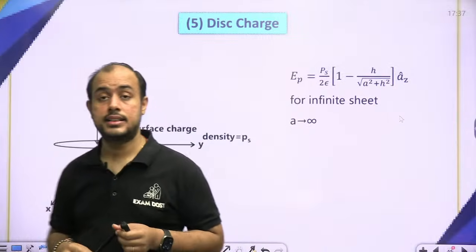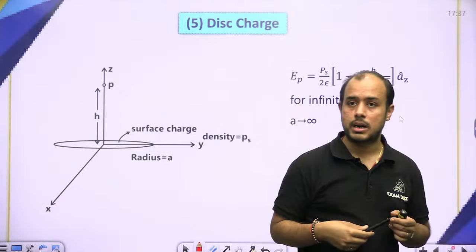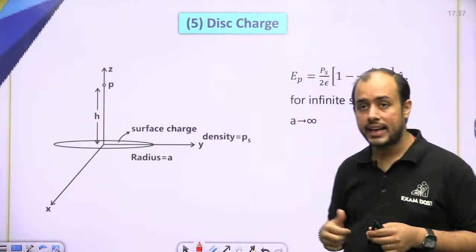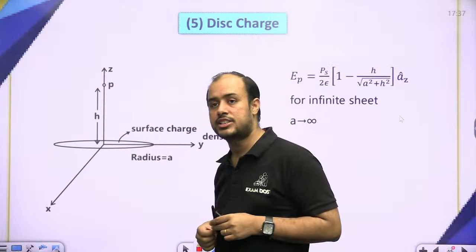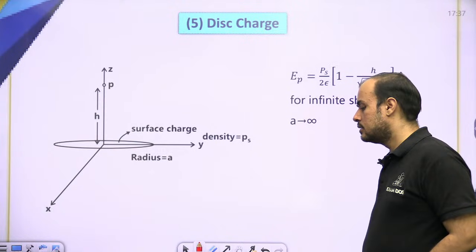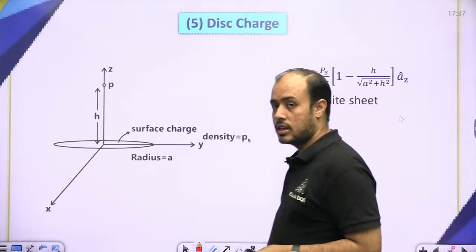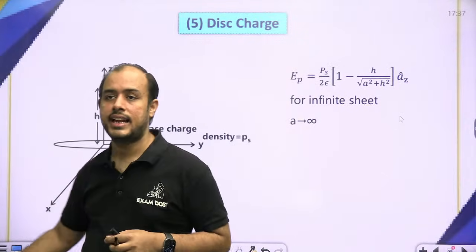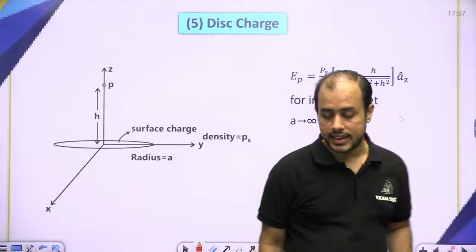Next is the disk. Disk is also a surface charge because we are talking about an area. The electric field of the disk is obtained by integrating the ring charge. So now beta, we are calculating the electric field at a point P on the axis of the disk at a height h.